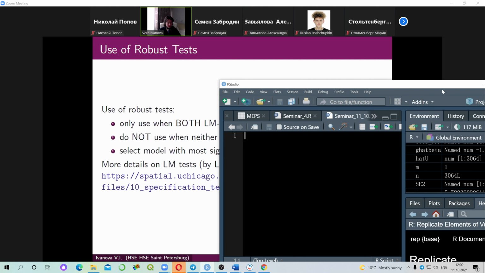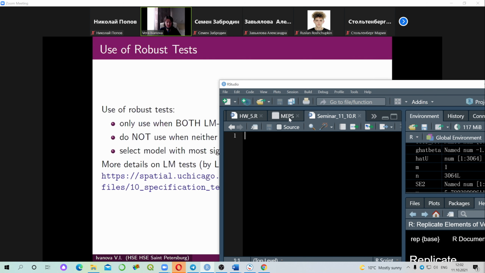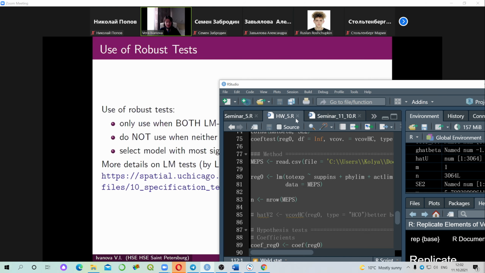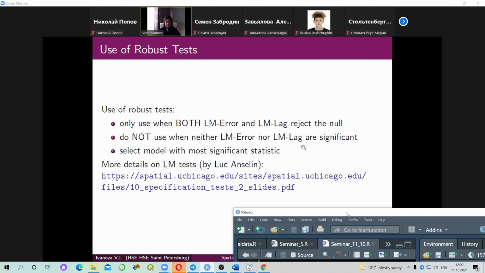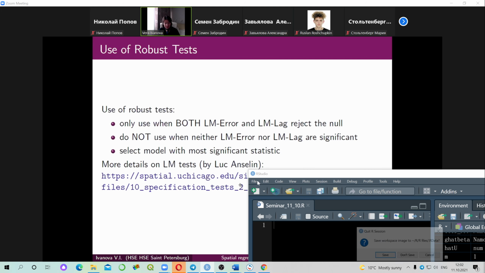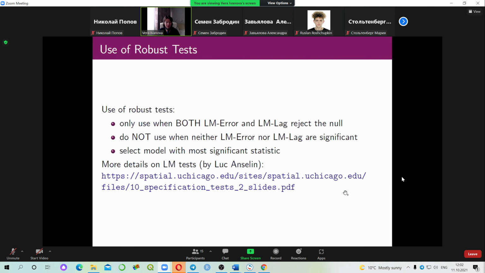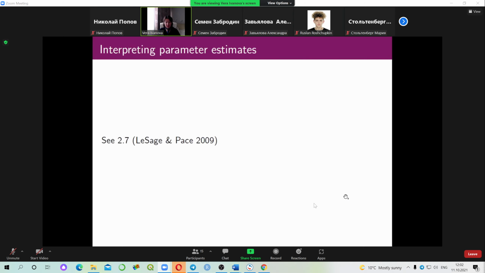And we do not use the robust tests when neither error nor lag LM tests are significant. And we select a model with the most significant statistics. And here you can find a link to more details on this.